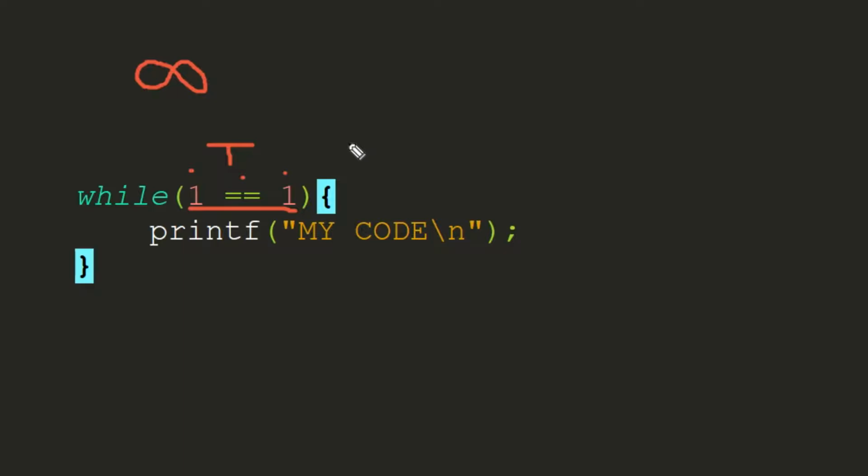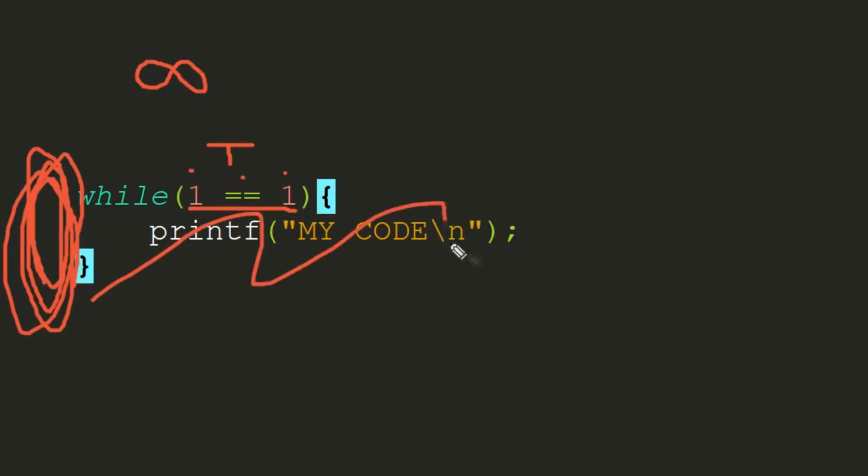Now, neither of those values are going to change. The value of 1 will never change, and the value of 1 will never change, and they'll be equal forever, and your program will never decide to terminate. It'll never get out of that loop, and that will just continue on forever. And your computer's going to see this and go, okay, something's wrong here. I've got to shut this thing down. So it'll shut it all down, and your program will essentially crash. So just watch out for that.